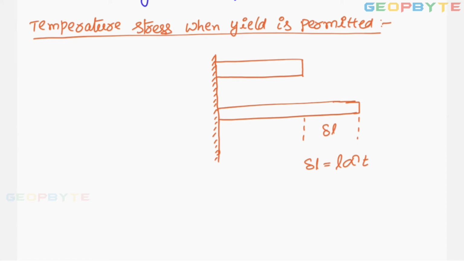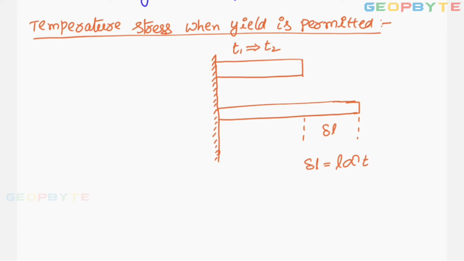Next concept, temperature stress when yield is permitted. It means the body may be extending for a length of delta L when the temperature of the body is increasing from T1 to T2. Remember, as long as this free extension is happening, no thermal stresses are developed.